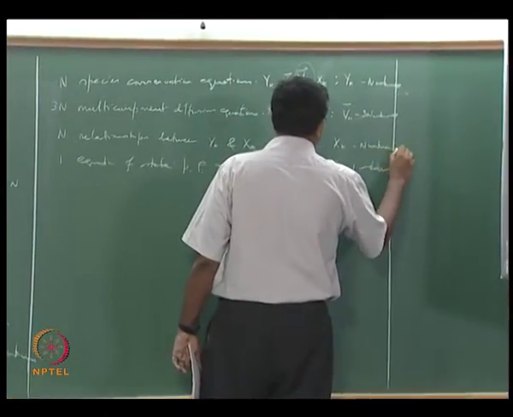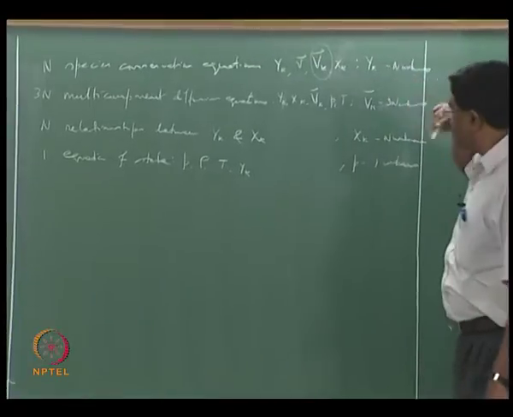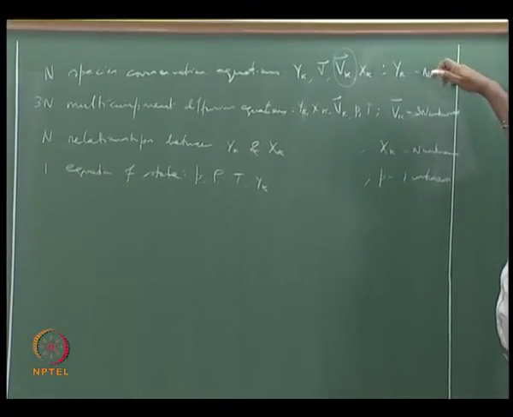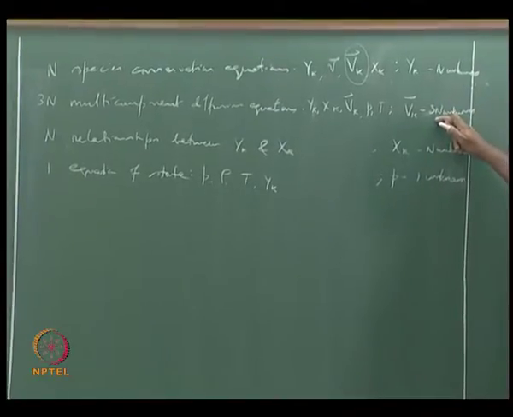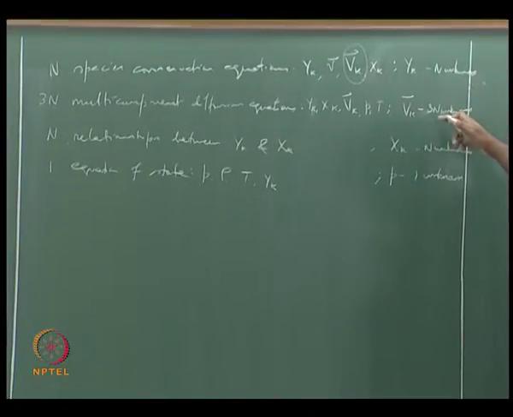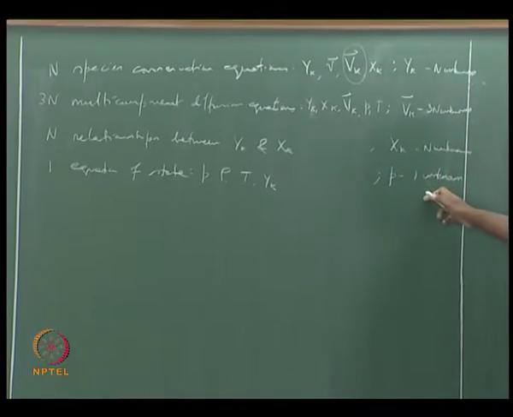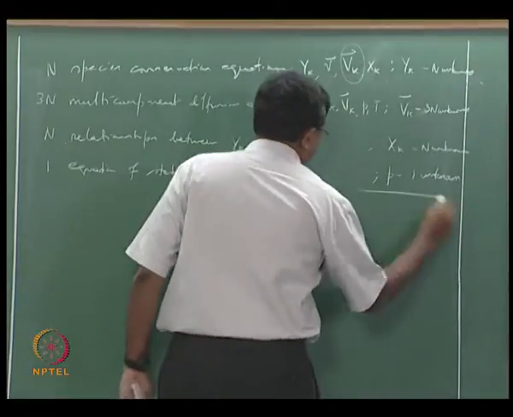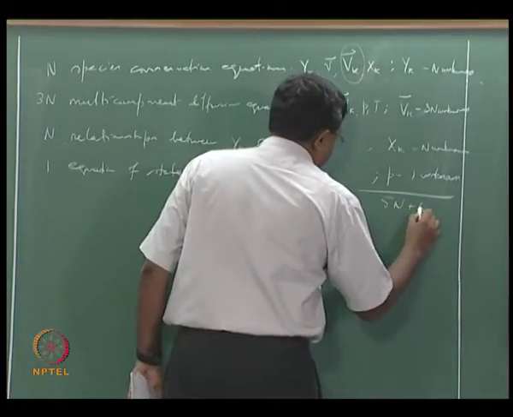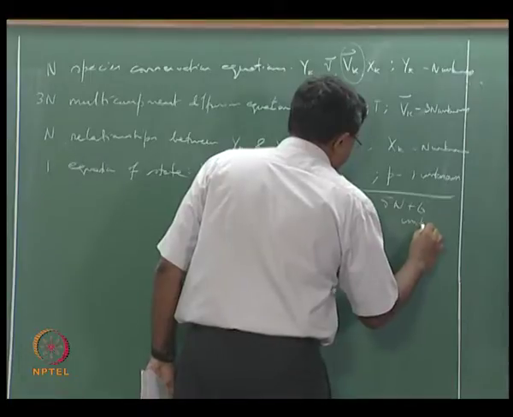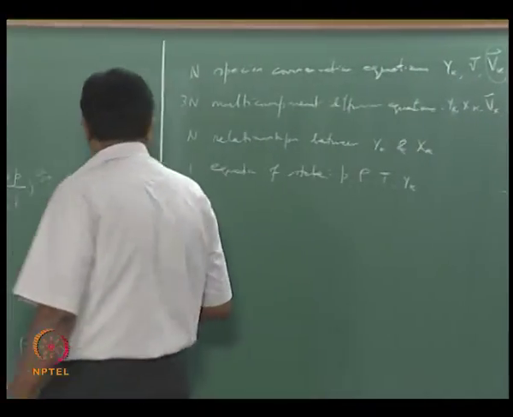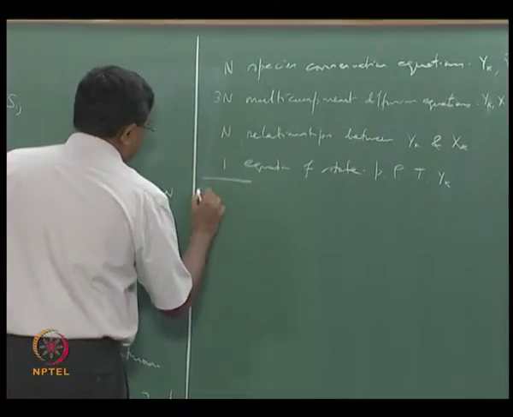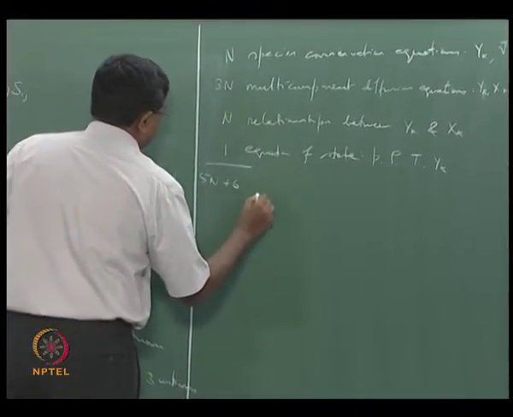So we were counting 5 plus n over here, and then now you say 5 plus 4n, and then this is 5 plus 5n, this is 6 plus 5n. So we are essentially looking at a total set of 5n plus 6 unknowns, and we have 5n plus 6 equations to solve for.